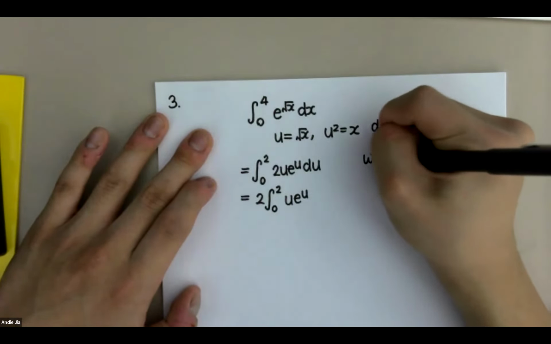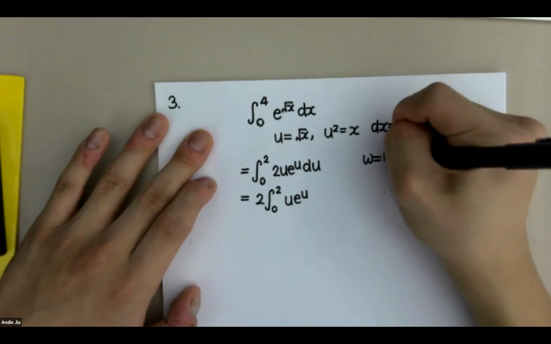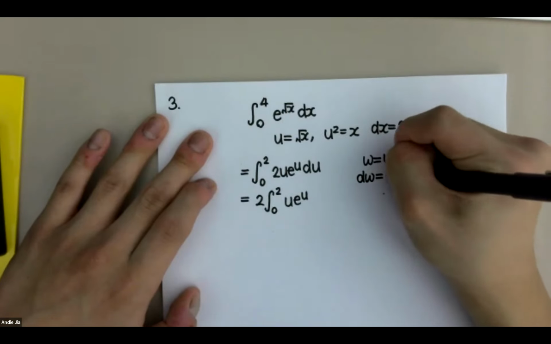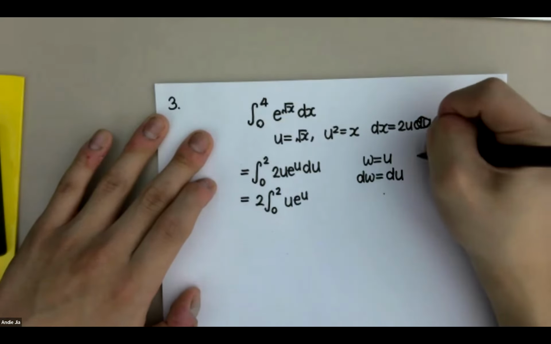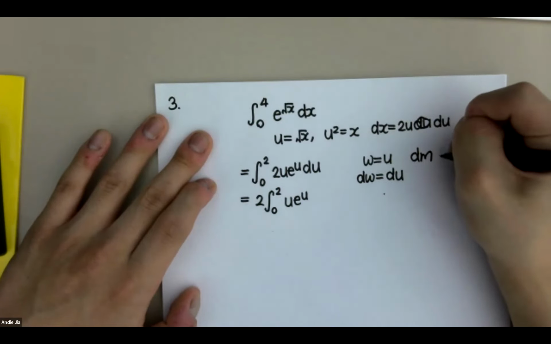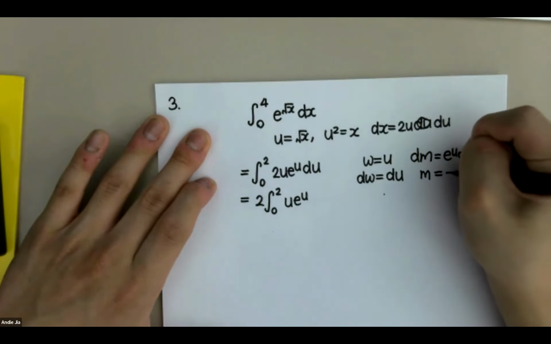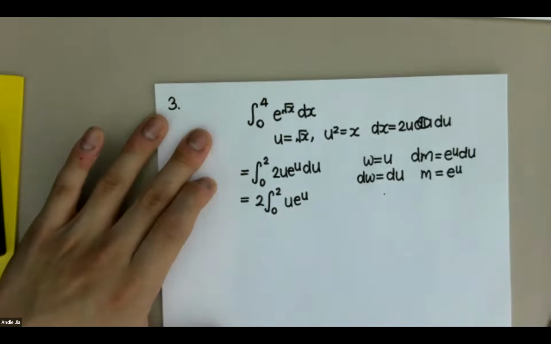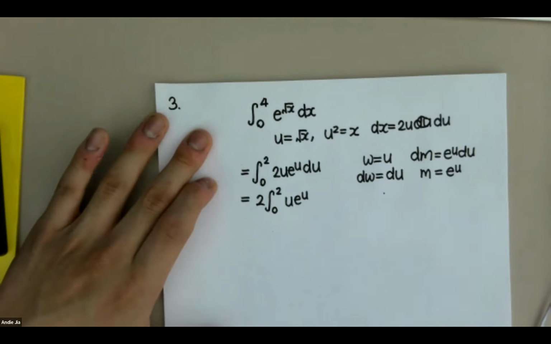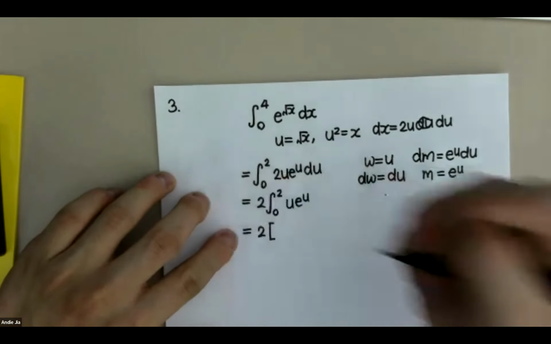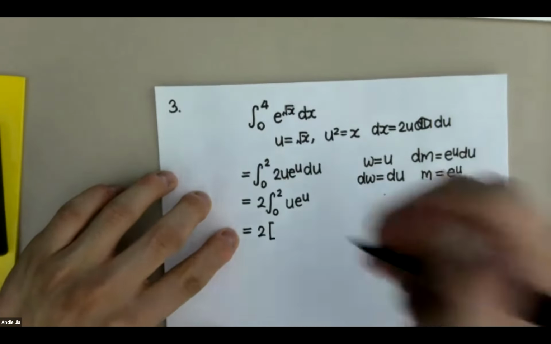So let w equal u, then dw is du, and dv is e^u du, and then v is e^u. Following the integration by parts, we have the two of this thing.